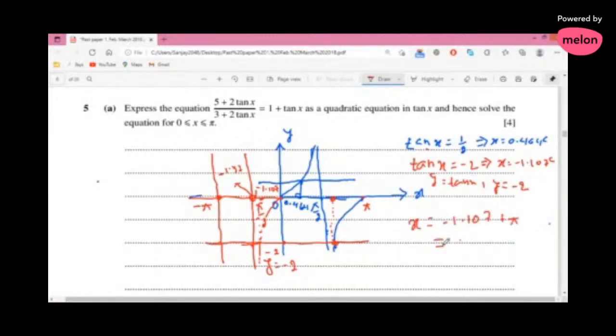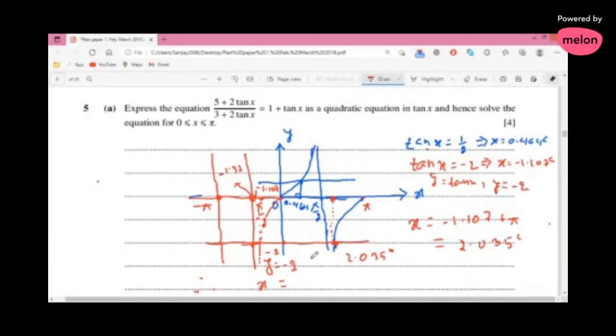So let's take a calculator, put in negative 1.107 plus pi, and that is going to be equal to 2.035 radians. So this point is 2.035 radians.